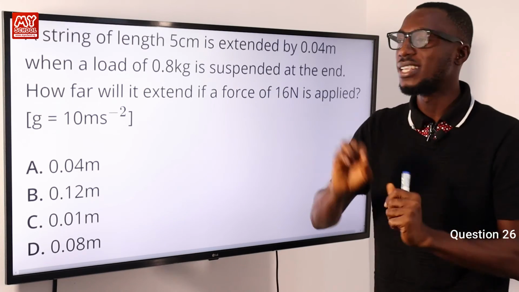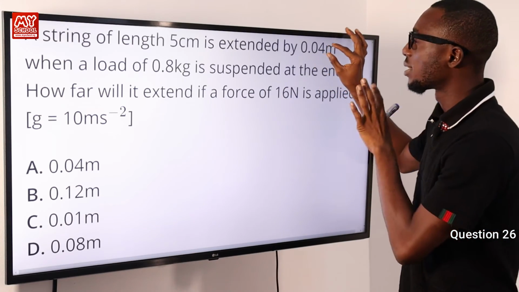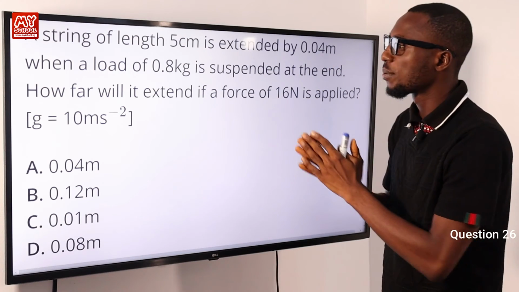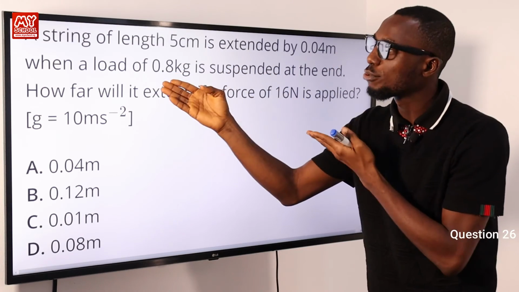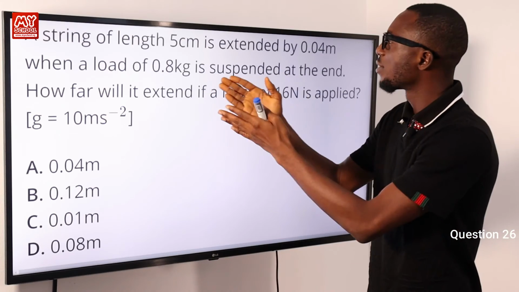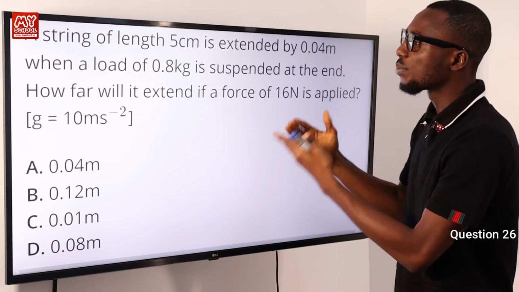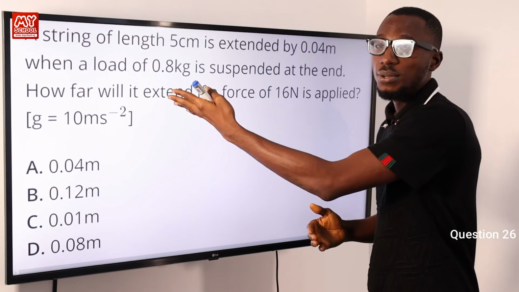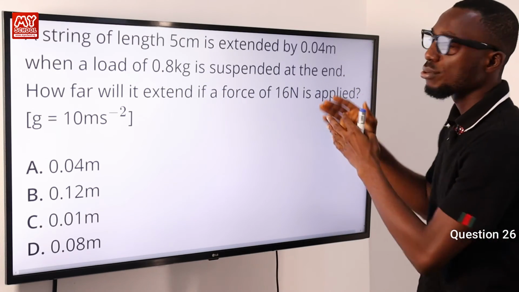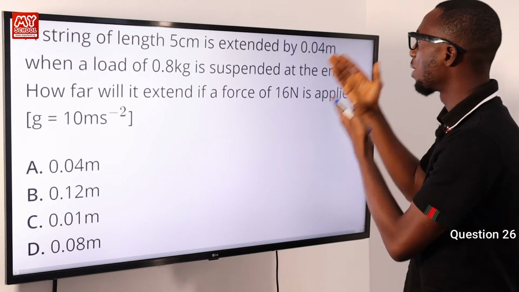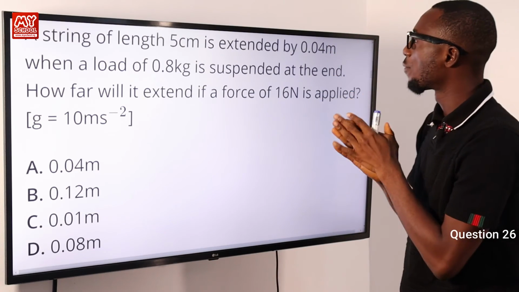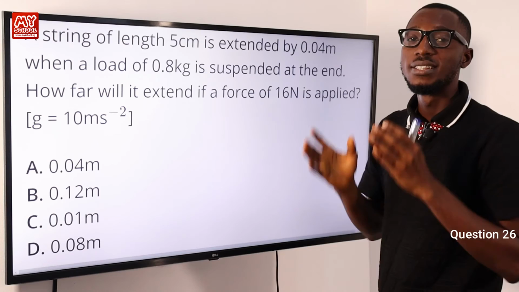So 8 Newton gives us 0.04. Now 16 Newton is just times 2 of 8 Newton. So if 8 Newton gives us 0.04 extension, then 16 Newton, which is times 2 of 8 Newton, will give us times 2 of that extension. That will just be 2 times 0.04, and that is 0.08.